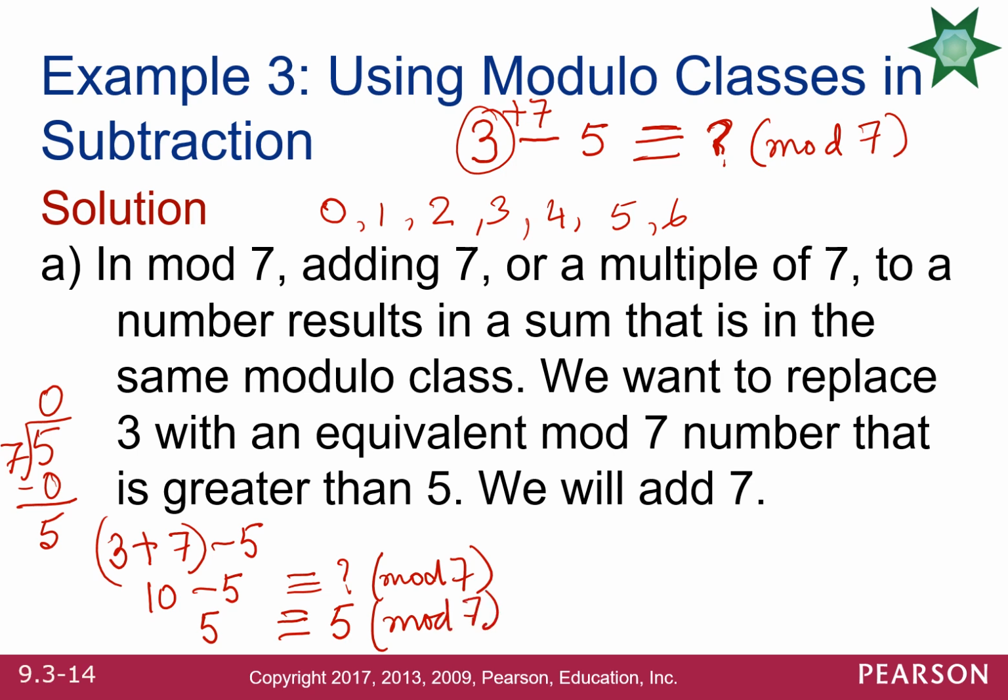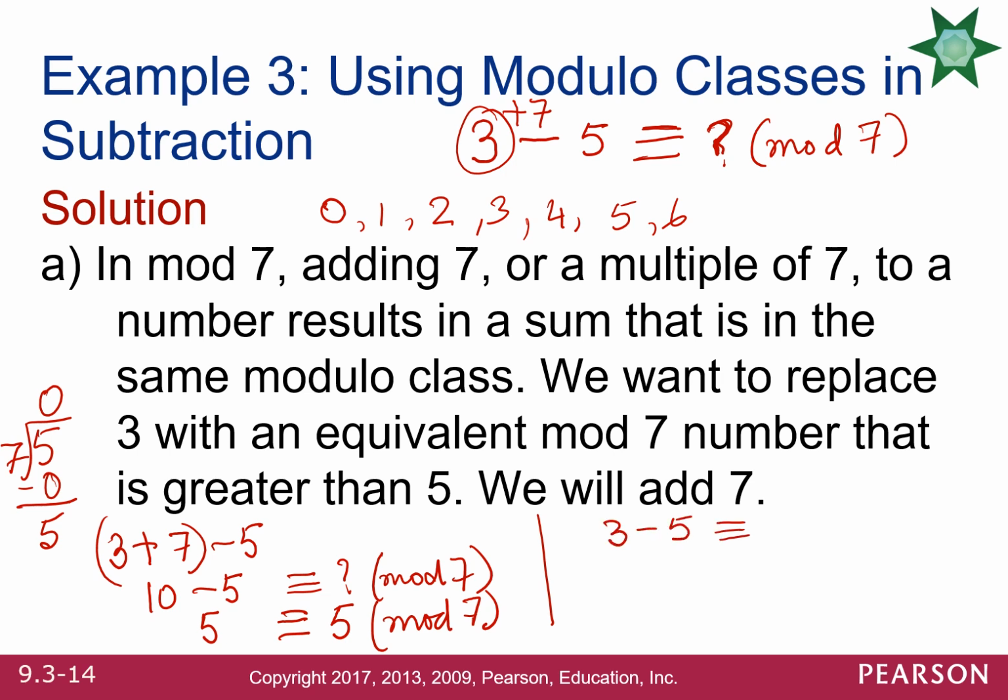So either you can solve this problem by adding multiples of 7 and then performing the subtraction to get a positive value, or the other way is to do 3 minus 5.